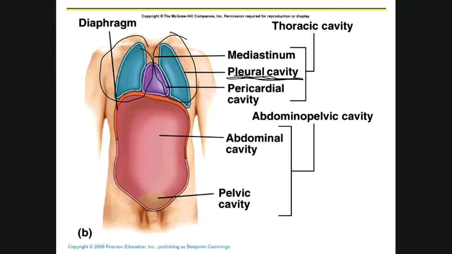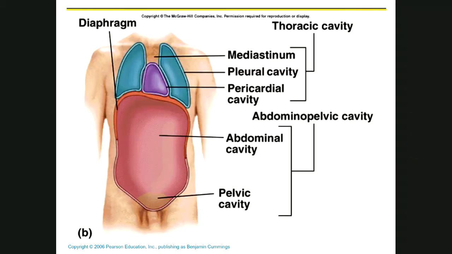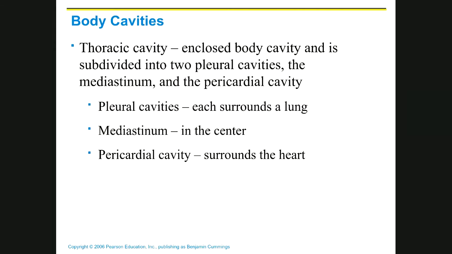And then there's a cavity that surrounds the heart also. That's called the pericardial cavity. So here's the pericardial cavity right here. And again, it's not very wide, not very big, but that's the pericardial cavity, and it surrounds the heart. Well, there's also something left over.